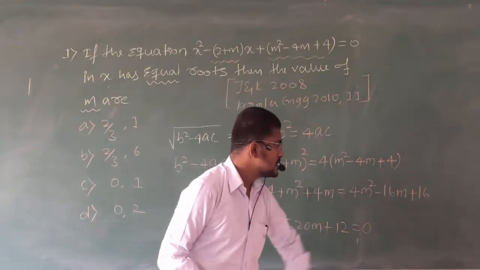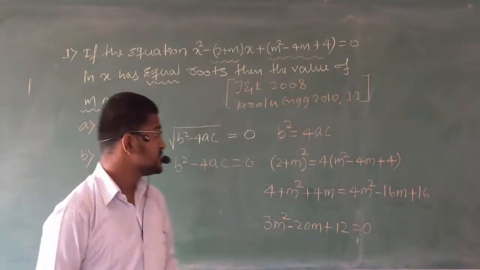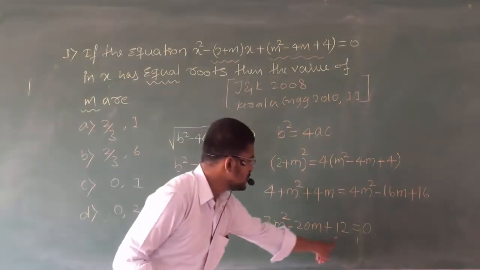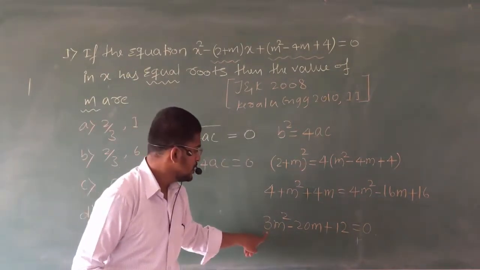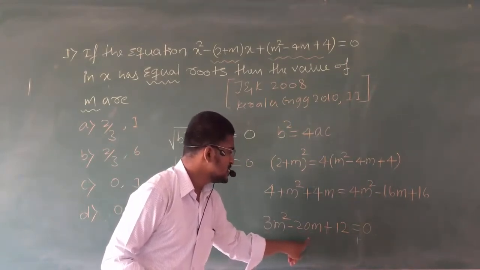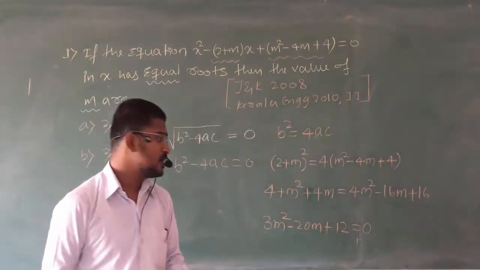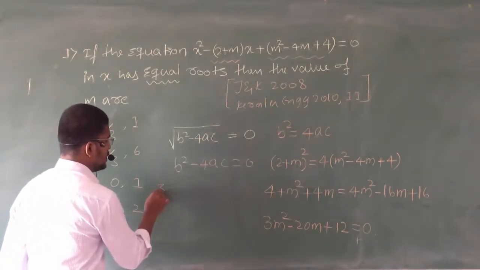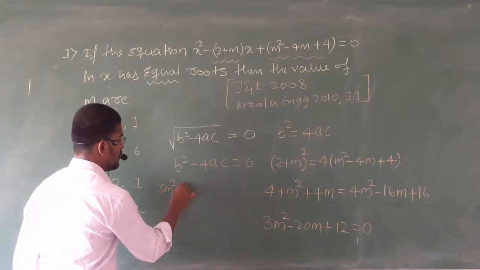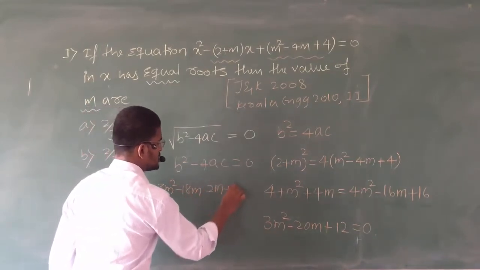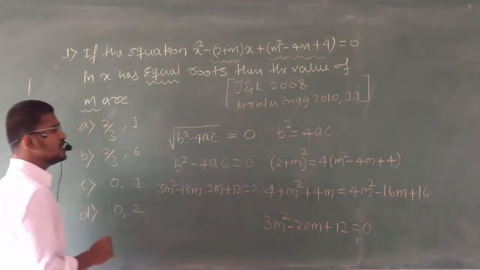If you simplify all these terms, the product must be 36 and the sum must be minus 20. So you are going to have 3m square minus 18m minus 2m plus 12 equal to 0.